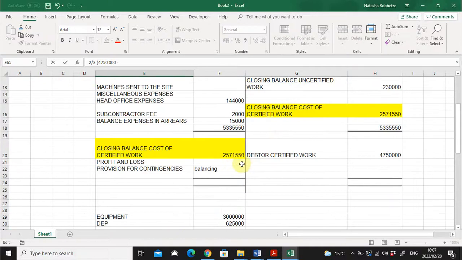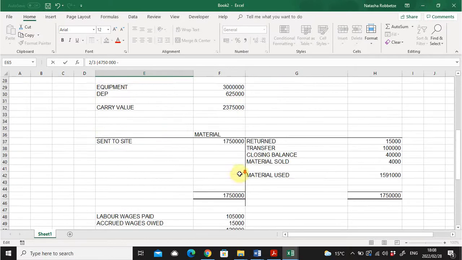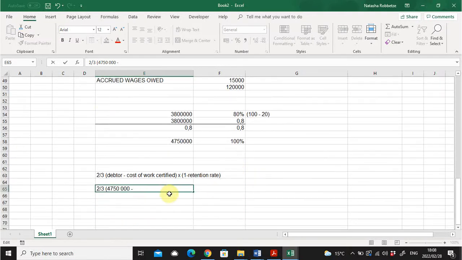That was 2,571,550. So we're just going to type that in here, 2,571,550, and that we need to times by 1 minus the retention rate, which is 20% in this question, right?